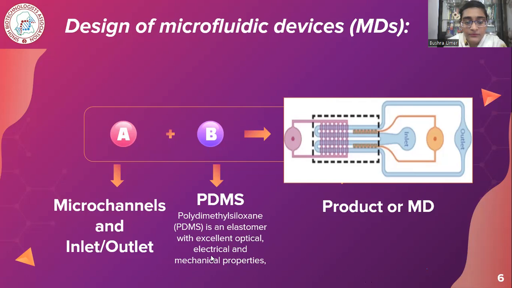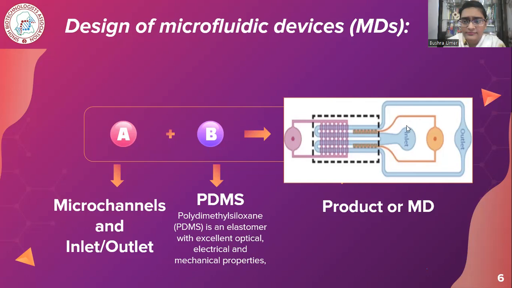And yeah, there are certain additional properties, optical, electrical, and mechanical properties, so that it can bear a specific amount of pressure, and also current and different other things that are required by the experiment. And here is the product, the microfluidic device.